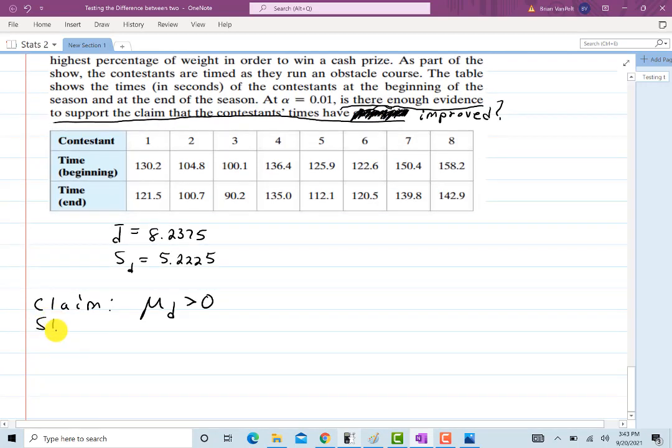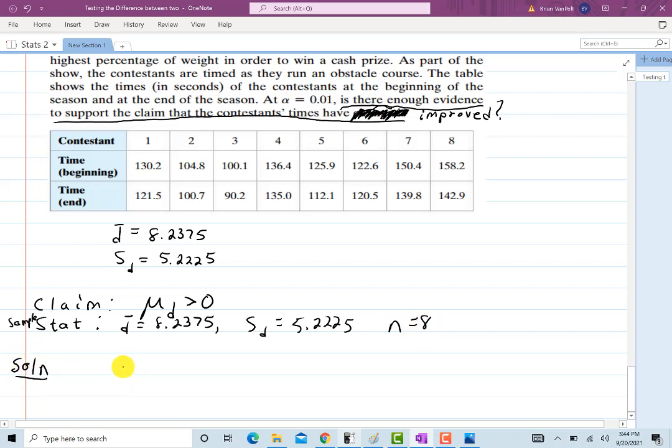And then the stats, this is the sample stats. I keep forgetting that these are samples. Sample stat was D bar equal to 8.2375, S sub D equals 5.2225, and then N equals 8.